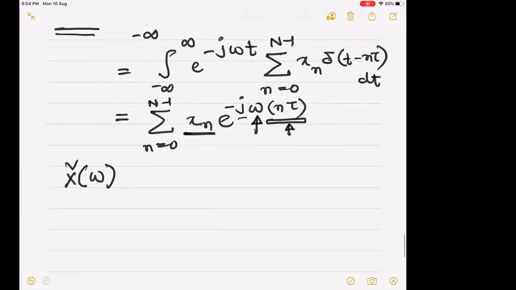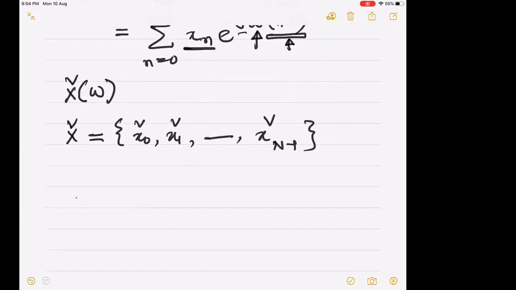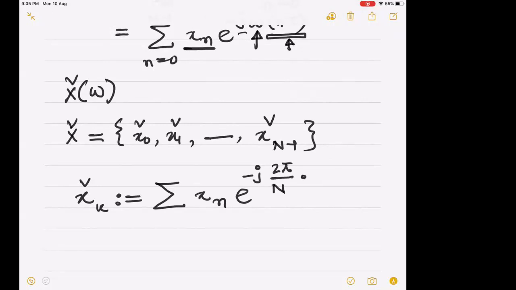You can go ahead and check that if I now define a sequence X check: x0 check, x1 check, up to xN minus 1 check, where each of these is defined as X check k is, by definition, the summation over small n from 0 to capital N minus 1 of xn e to the power minus j 2 pi by N times k times small n.